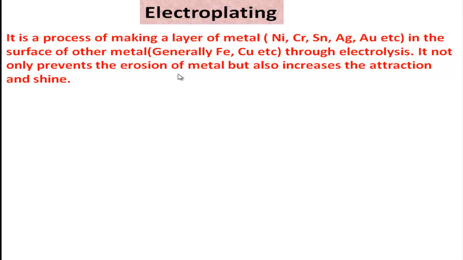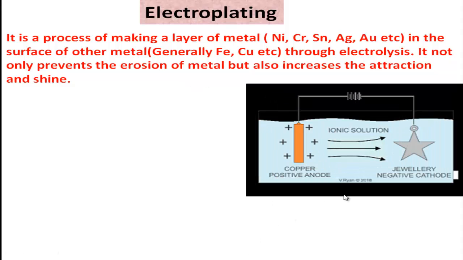And for this, that metal is covered by another metal which is not rusted. Also, electroplating an iron or copper substance increases its attraction or shine. For example, follow here.